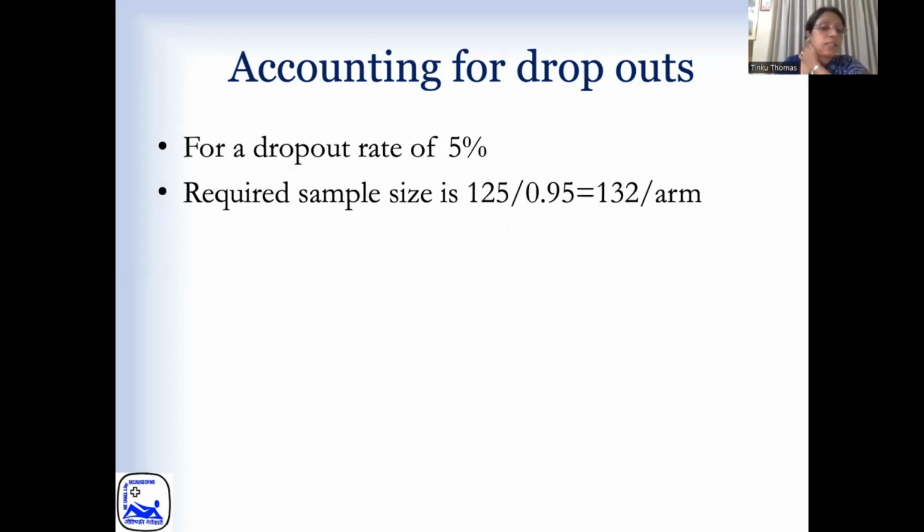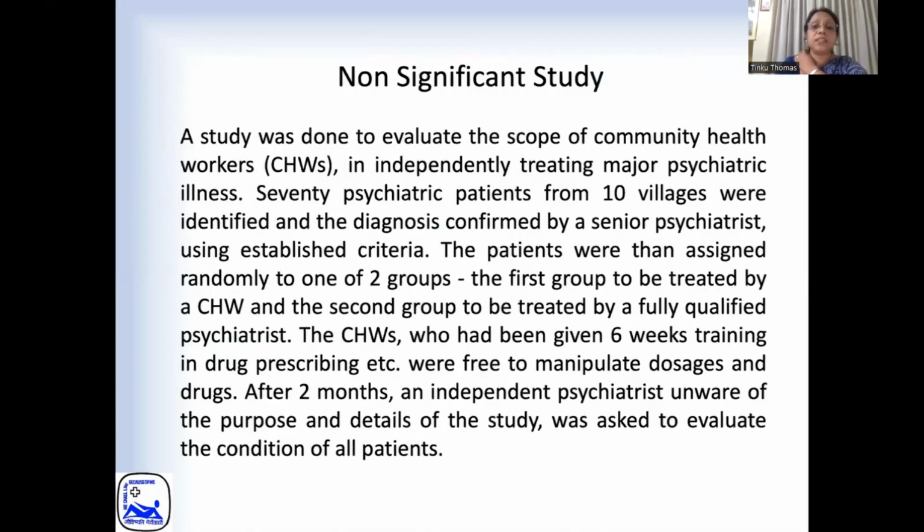This is a note on non-significant studies, a cautionary note on the sample size. Here a study was done to evaluate the scope of community health workers in independently treating major psychiatric illness. So 70 psychiatric patients from 10 villages were identified and diagnosis confirmed by a senior psychiatrist using established criteria.